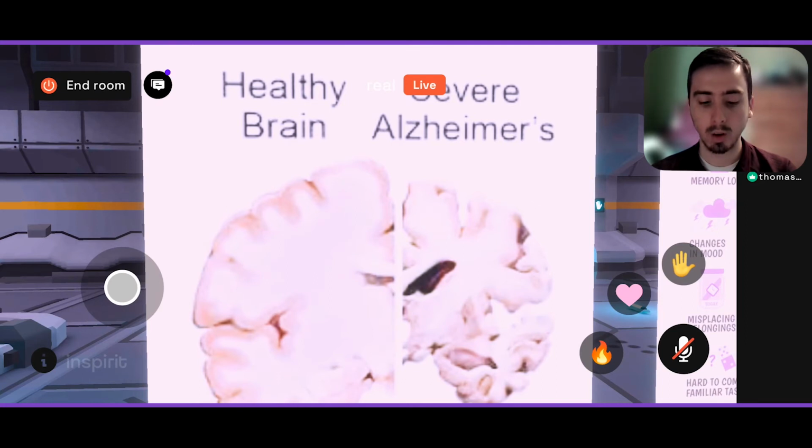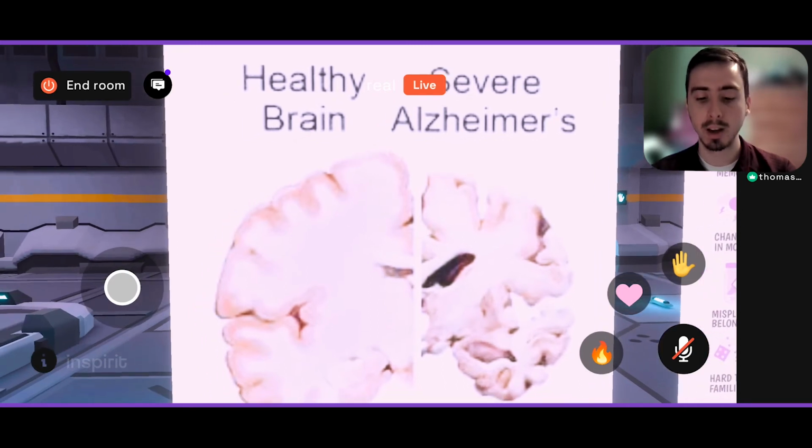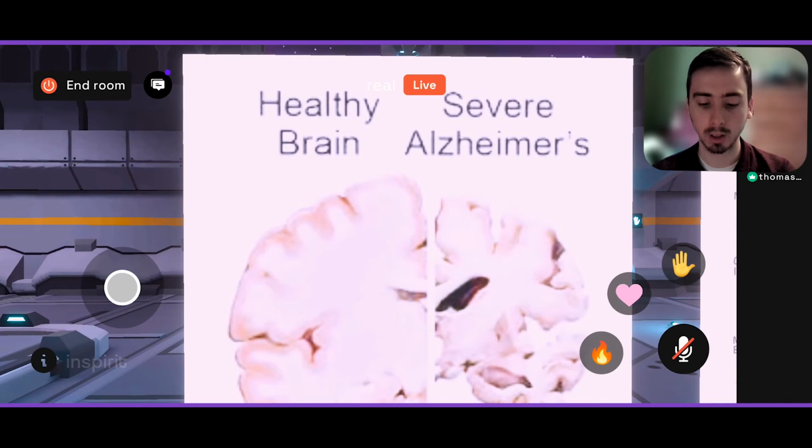Now we're going to move over to Alzheimer's. I'm sure a lot of you know what Alzheimer's is. You may have a relative that's affected by it. But in Alzheimer's, basically the brain cells start to degenerate and the organ itself, the brain, starts to atrophy. And when the brain atrophies, it gets smaller and starts to lose several functions.